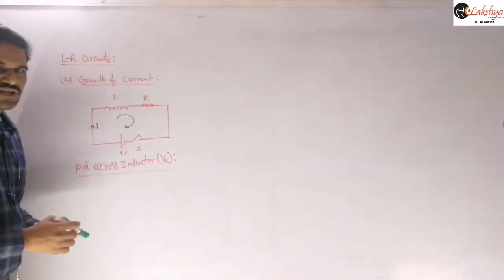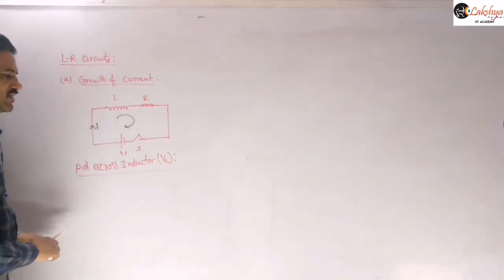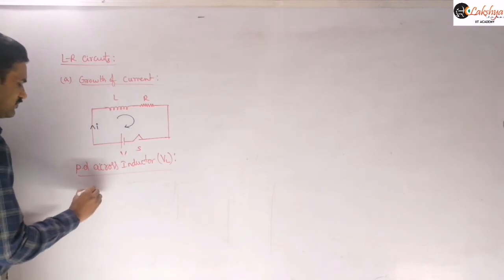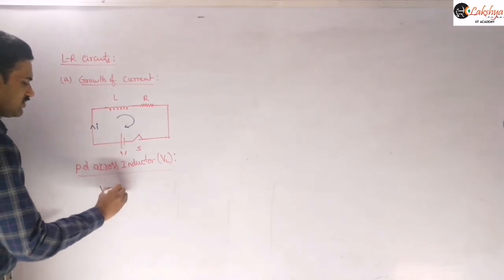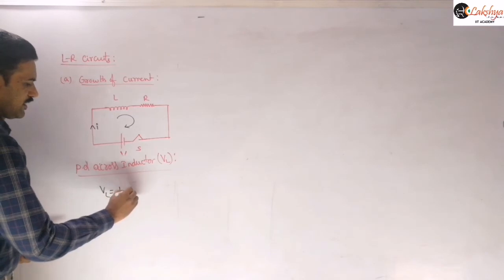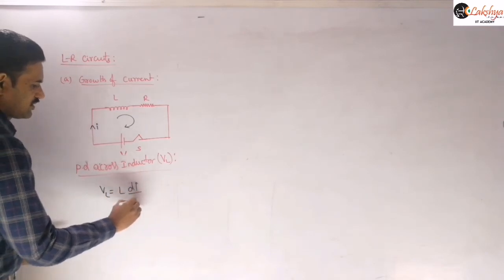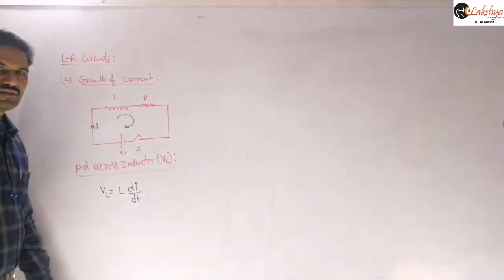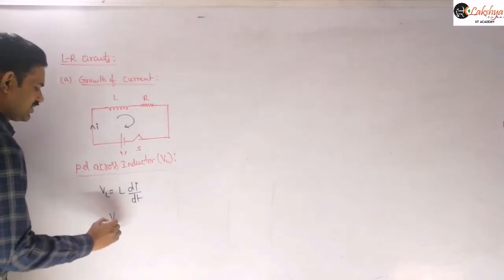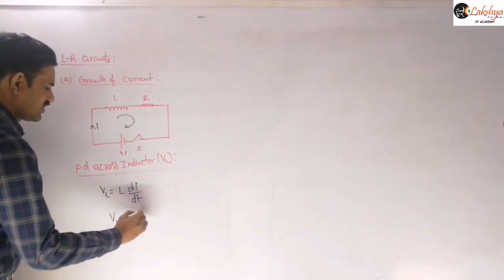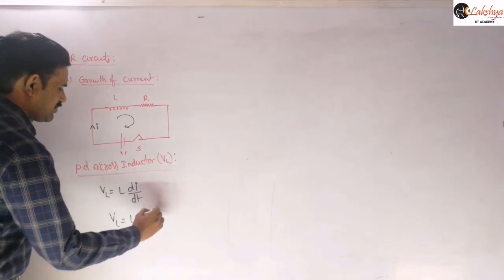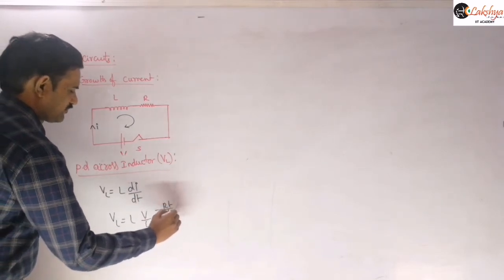We know this is nothing but VL is equal to L into di by dt. That L into di by dt value we mentioned already, which is V by L into e power minus RT by L.